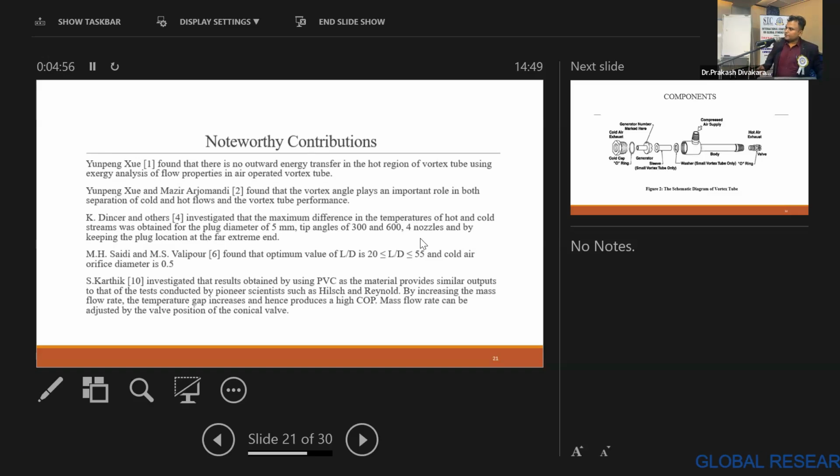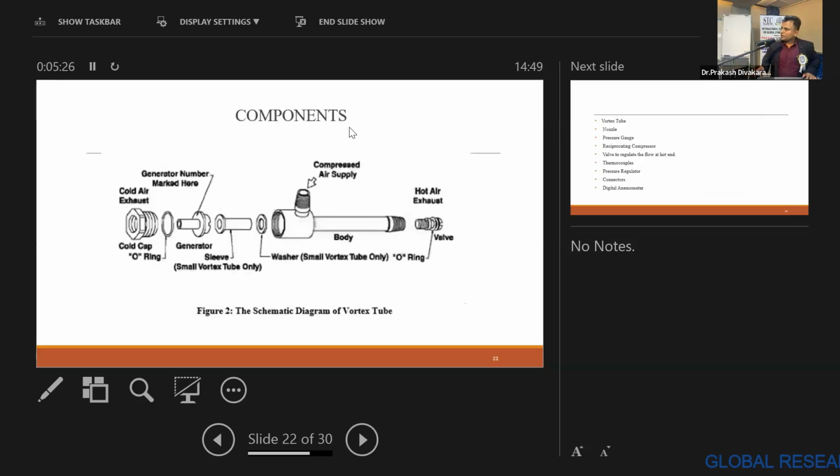Then as Saji and Volleyball also said, the L by D ratio should be at this optimum, and Karthik also investigated that PVC material can be of much more use than stainless steel, and we can get the same results as stainless steel by using certain L by D ratios, certain angles of the control valve, different valve positions, different nozzles like 4 and more, and a particular vortex angle.